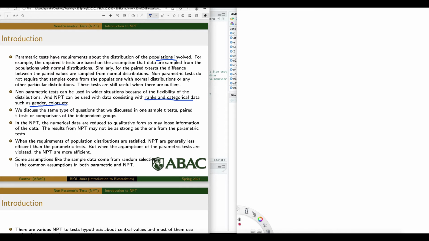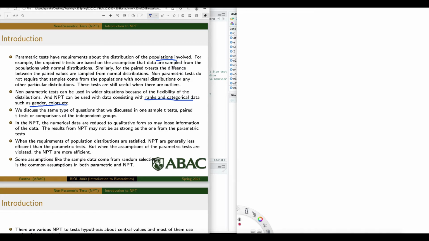If the normality is not violated, always use the parametric test you used before. But if the data or the population is severely deviated from normality, then the parametric test may not be strong enough compared to the non-parametric test. When the assumptions of the parametric test are violated, the non-parametric tests are more efficient.